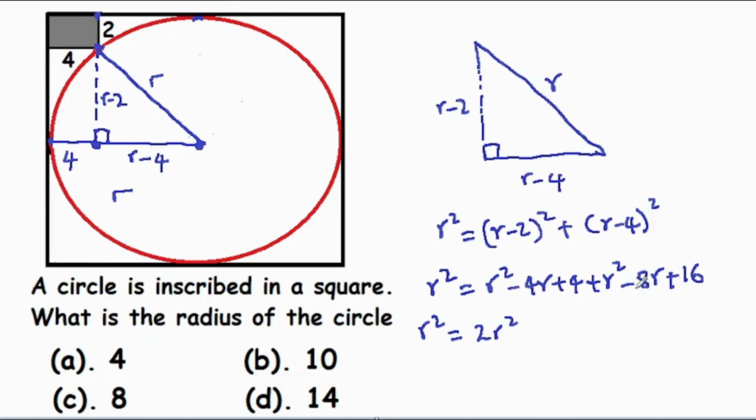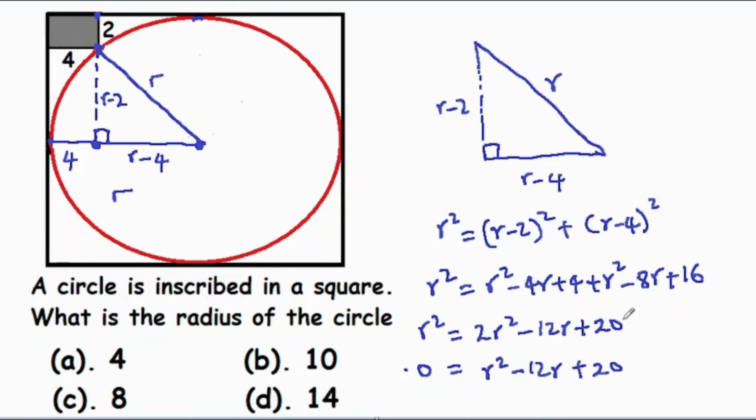Negative 4r, negative 8r, that is negative 12r. Plus 4 plus 16, that's going to give us plus 20. Okay, now we are going to have a quadratic equation. So if we subtract r squared from both sides of the equation, this is going to be 0. 2r squared minus r squared, that's going to give us r squared negative 12r plus 20.